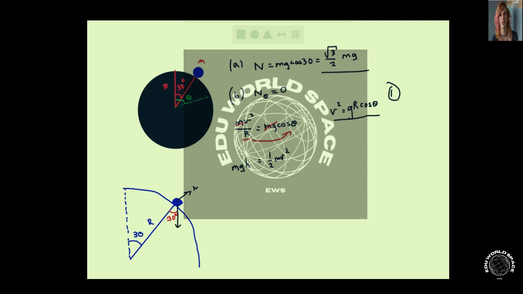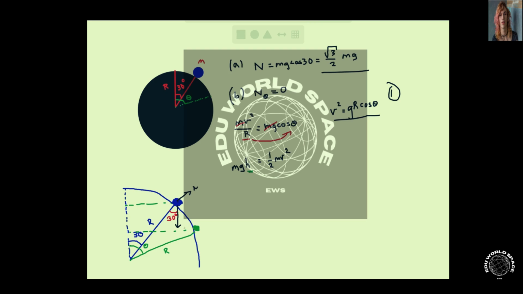mv squared. We can get an expression for this change in height by looking at this diagram. So we can say this is the initial position of the ball. This is the position of the small ball at the point we are trying to find out what the angle is. So we can resolve again and say that this whole angle here is equal to theta. We know that this length is r, so the change in height is this change here.